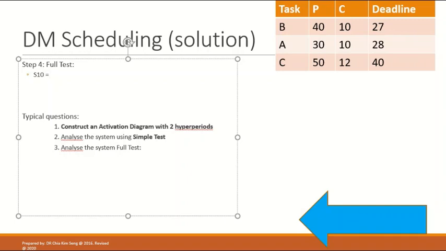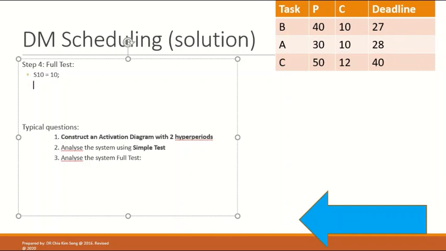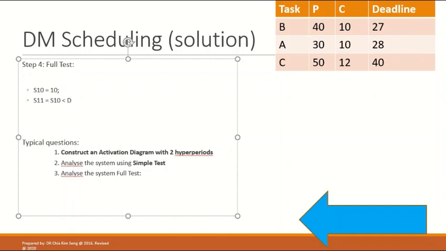It is equal to our C, so it's 10. Normally the first round is just for fun, equal to S10, and then this one is less than our deadline, D. As I did last time, I have a better framework.